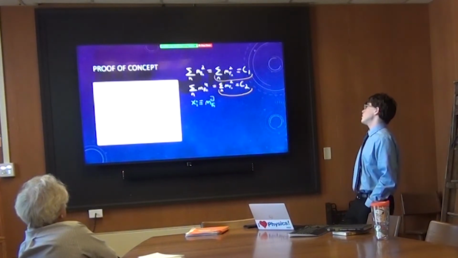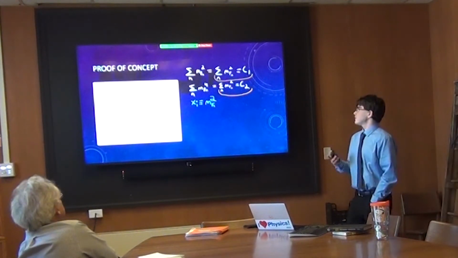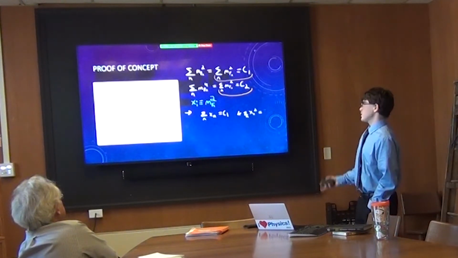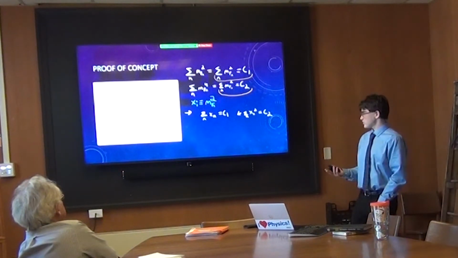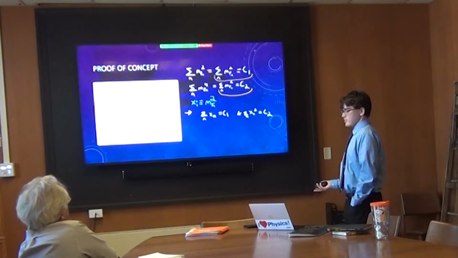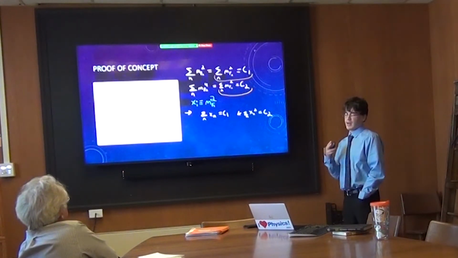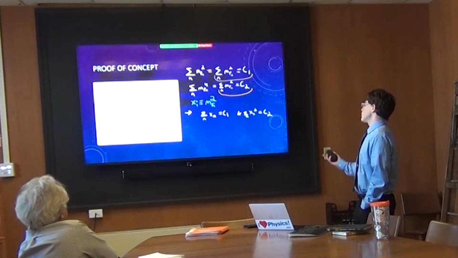If we make a substitution of x_i equal to m_bi squared, we now get two equations: the sum of x_n equals some constant c1, and the sum of x_n squared equals the constant c2, where c1 and c2 are defined by the fermionic masses.